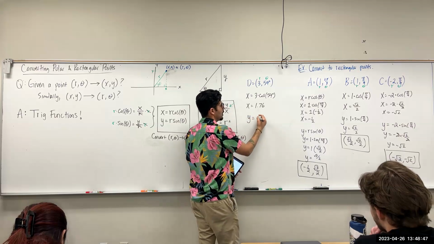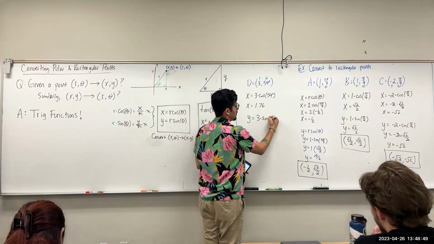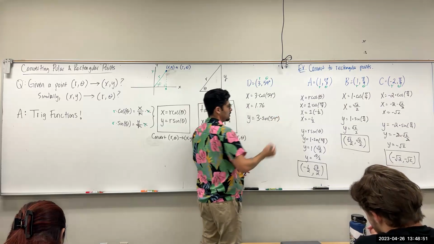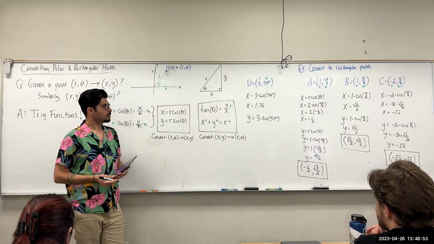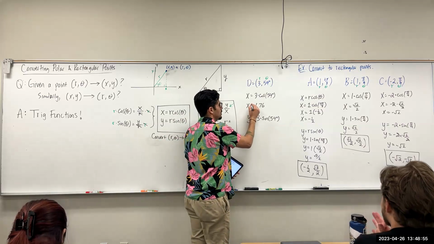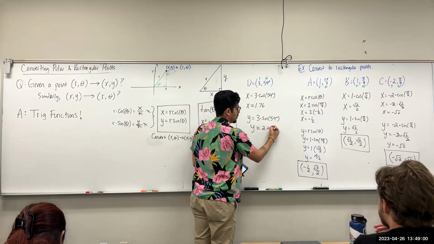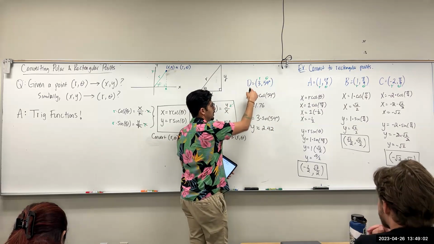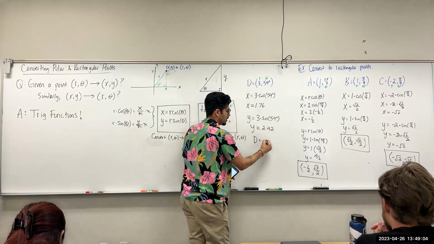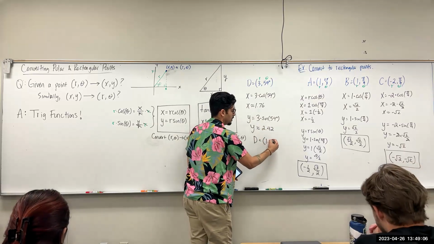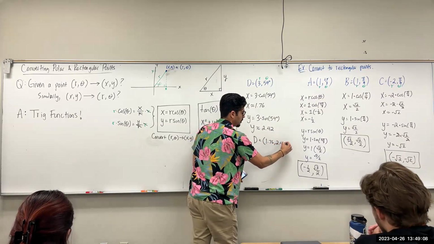And then the y coordinate will be 3 times sine of that same angle. You need sine as well. And this is rounded, times 3, 2.42. All right, so this point D in rectangular coordinates is approximately 1.76 and 2.42.